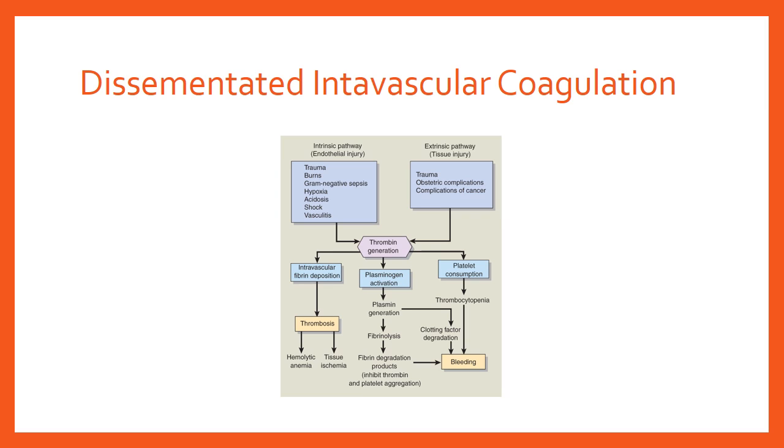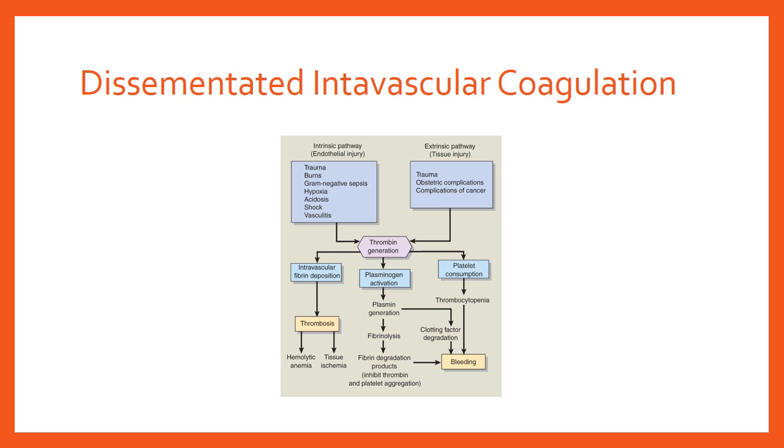Again, this goes with what I said before. Intrinsic pathway is endothelial injury. Extrinsic is tissue injury, of course. So both of them, doesn't matter what the pathway, result in thrombin generation.